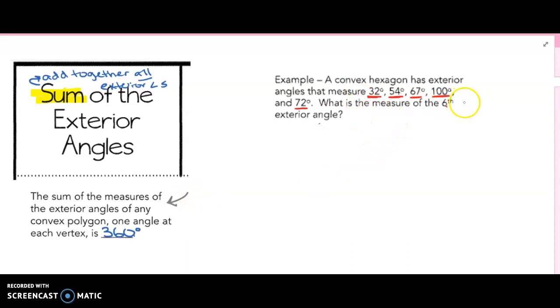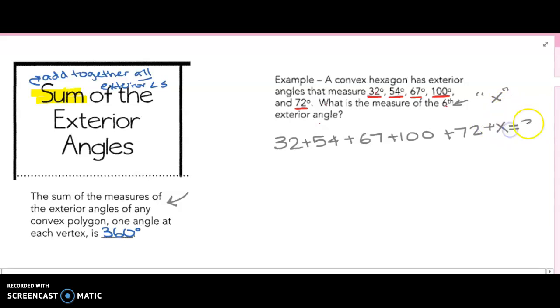So let's call the sixth angle x degrees. Now let's set up an algebraic equation. So we can say 32 plus 54 plus 67 plus 100 plus 72 plus this sixth angle, which I'm calling x, all these added together has to equal 360.